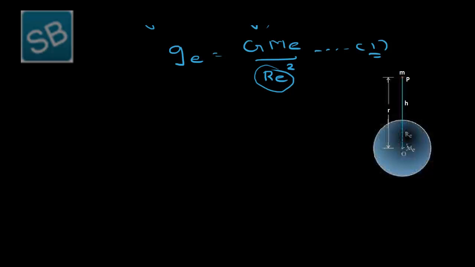This is the earth which is having the center or geometrical center O, and the object is placed at the distance small r, and that is definitely outside the earth.